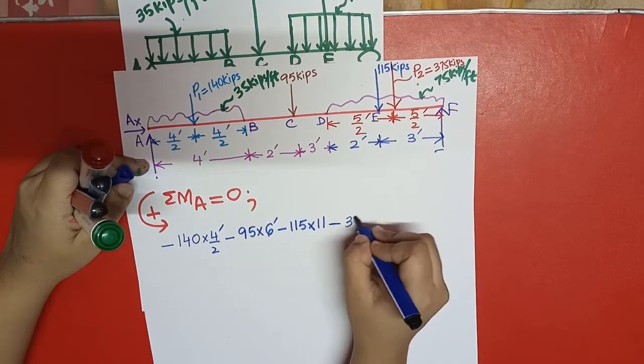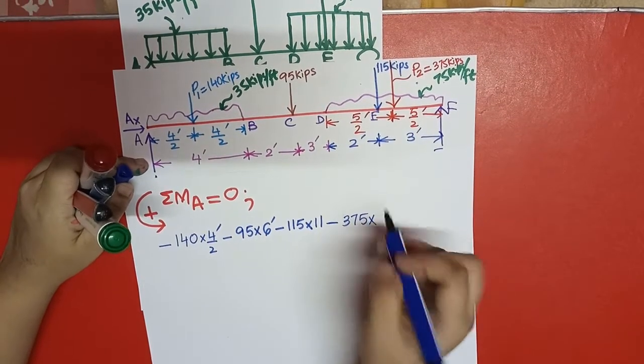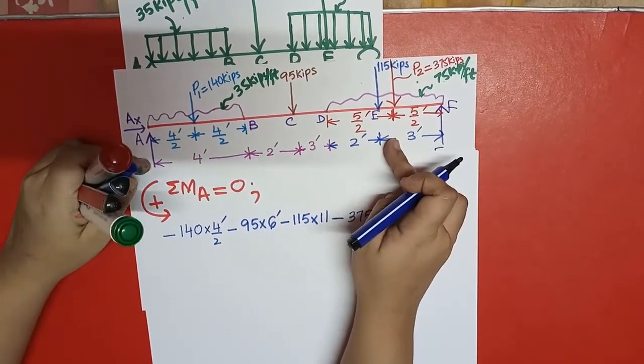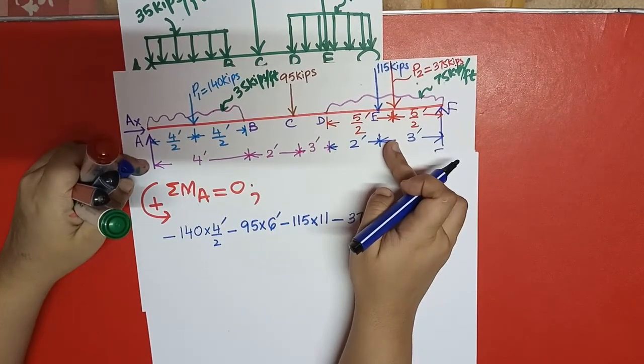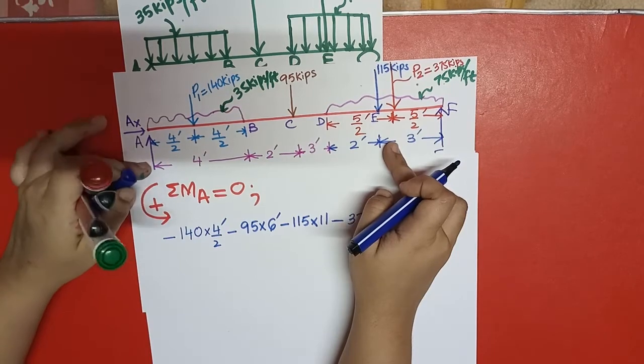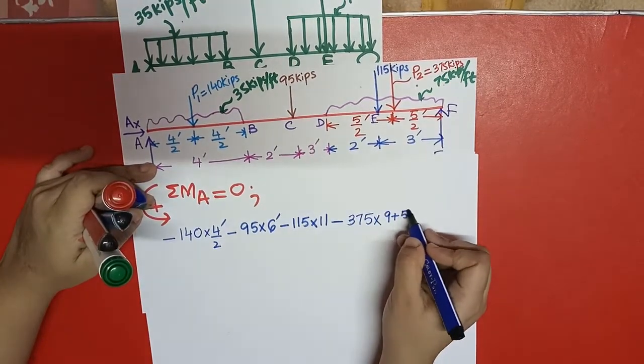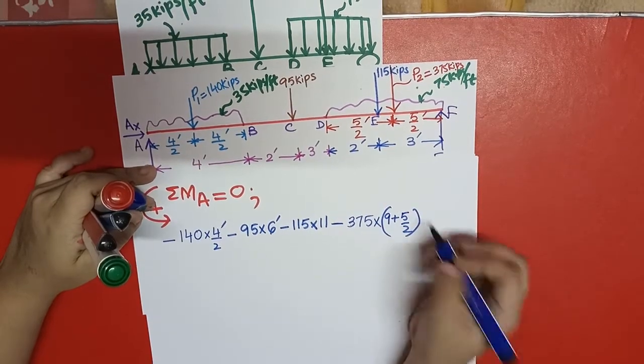So 375, this is P2 actually, multiplied by this total length. So this total length is 4 plus 2 plus 3, so 6 plus 3 is 9, 9 plus 5 divided by 2, I can write it.